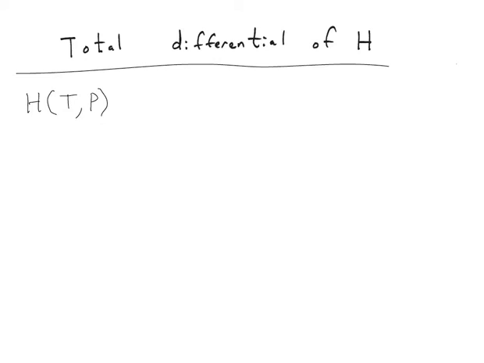So go ahead, take a minute to write out an expression for dH in terms of T and P. All right, so we have the change in H with T, and the change in H with P, pressure.